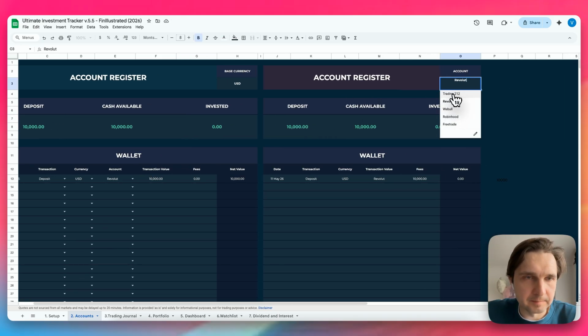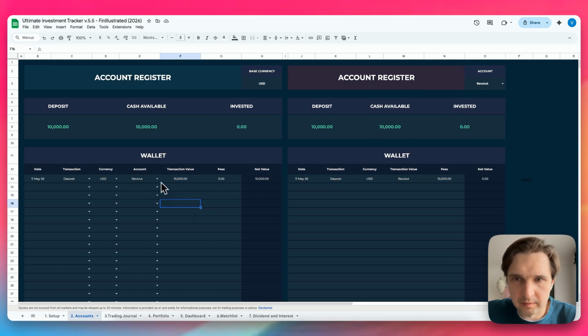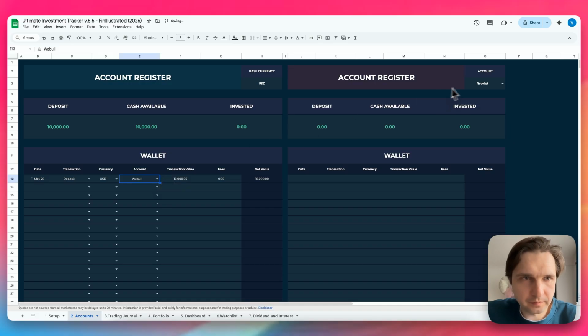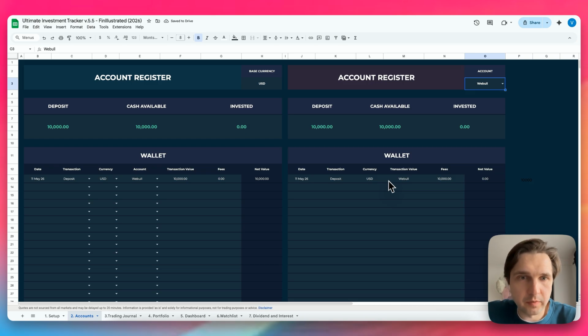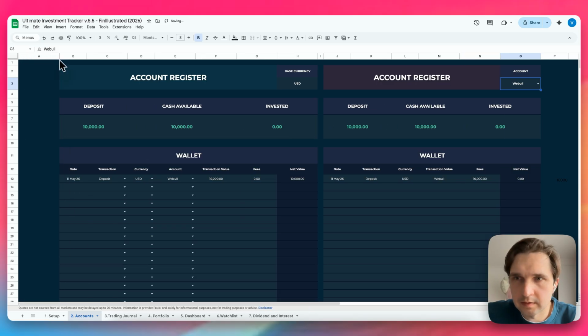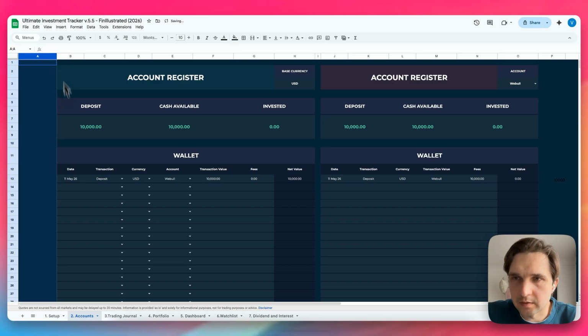Because I do have a deposit in Revolut, it's shown in Revolut. But if I move to Webull, I select Webull here, and there you go. It's more detail and depth on what has happened over time within the specific account.